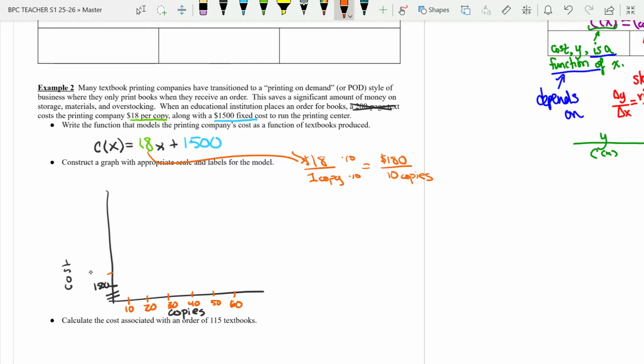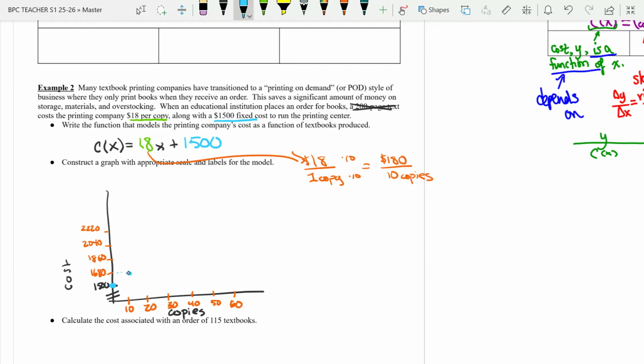So 1,500 plus 180 is 1,680. Pull out a calculator if you need to. 1,680 plus 180 is 1,860. Plus 180 again is 2,040. Plus 180 again, 2,220. So now my points on the graph, 0 copies 1,500.